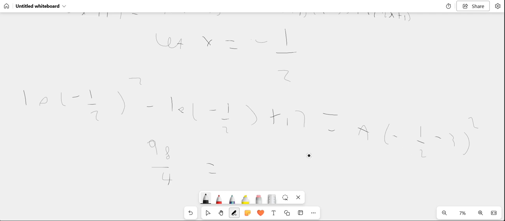The right hand side simplifies to 49 over 4. Put that in your calculator, and divide that onto the other side.